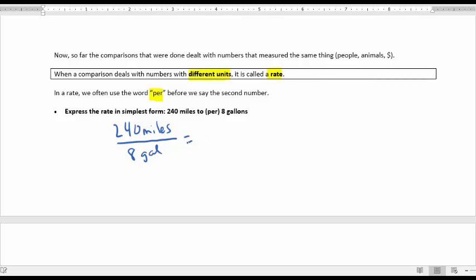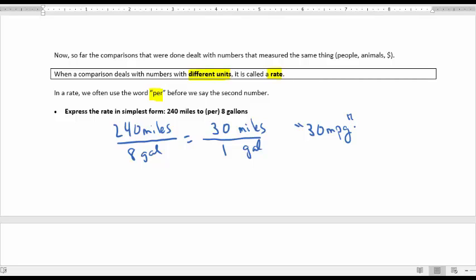In this case, miles and gallons are not the same units, so when I reduce this ratio, I'm still going to have miles up here and gallons down there. 240 over 8: well, 8 will go into both. 240 is 8 times 30, and 8 is 8 times 1. So this reduces to 30 over 1.